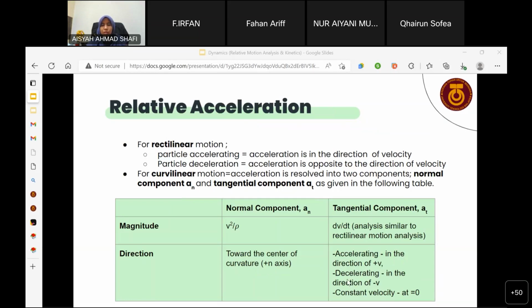But if it is decelerating, it is in the direction of negative velocity. When it is constant velocity, AT is equal to 0. So this is the analysis for the relative acceleration.